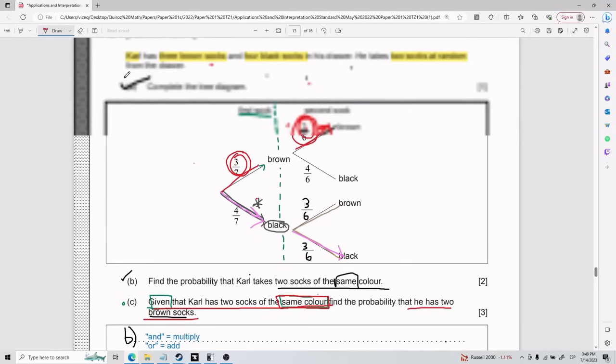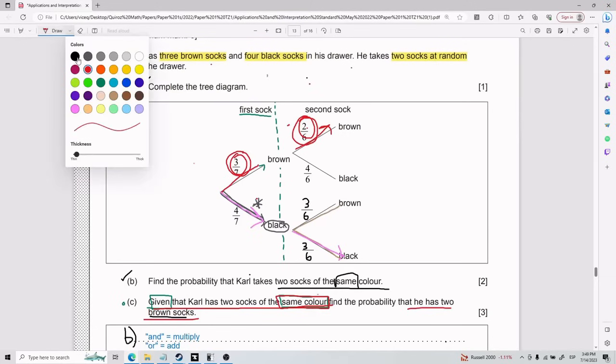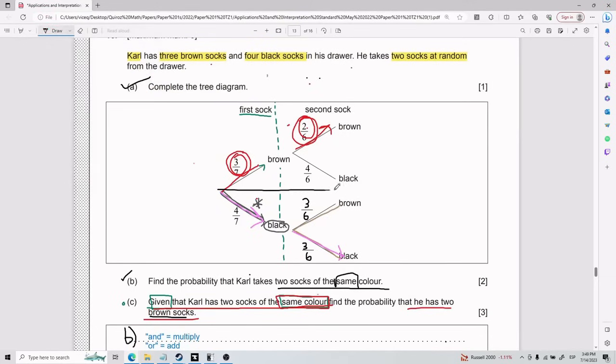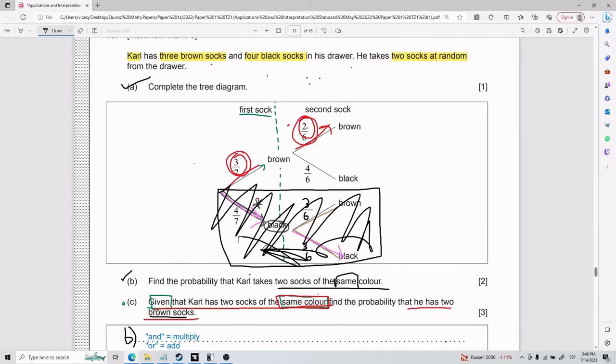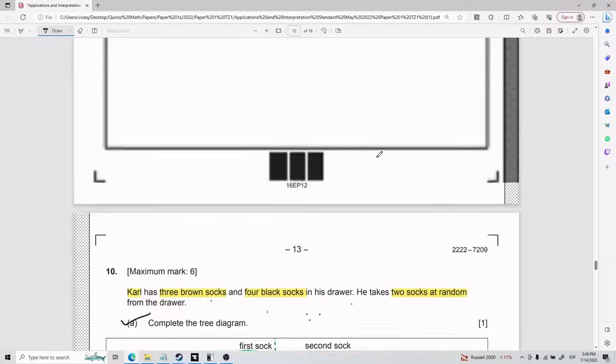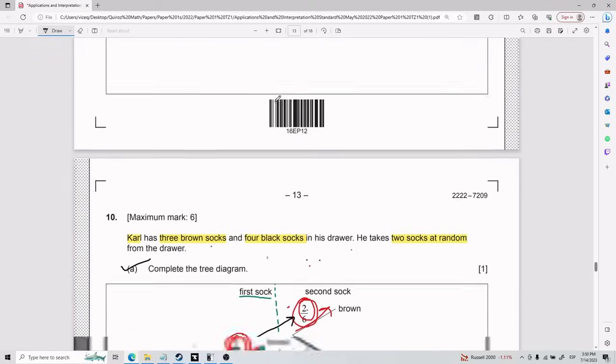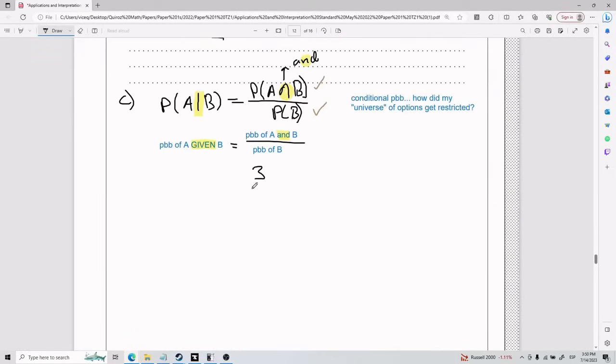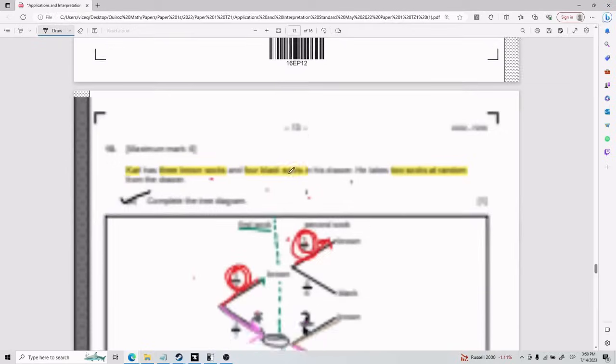And so suddenly, we do not care about black socks. All of this part of my universe does not matter anymore. I am only focused on brown socks. So if I'm only focused on brown socks, that means I am going down through this line that's in red. So I would go ahead and put 3/7 times 2/6.